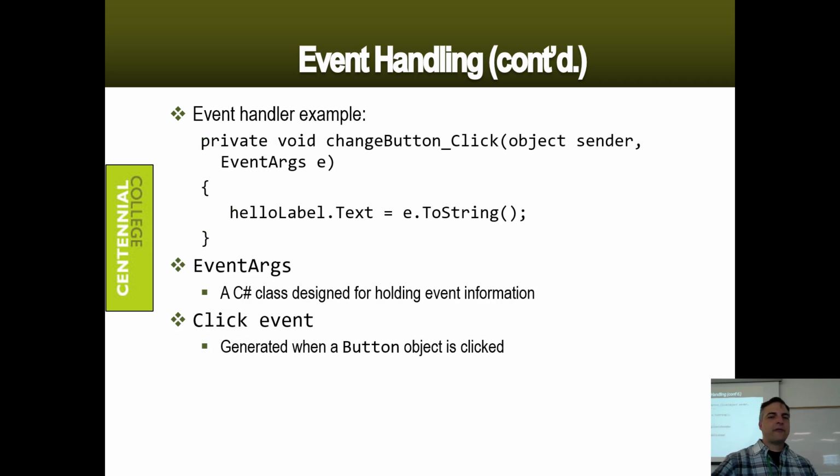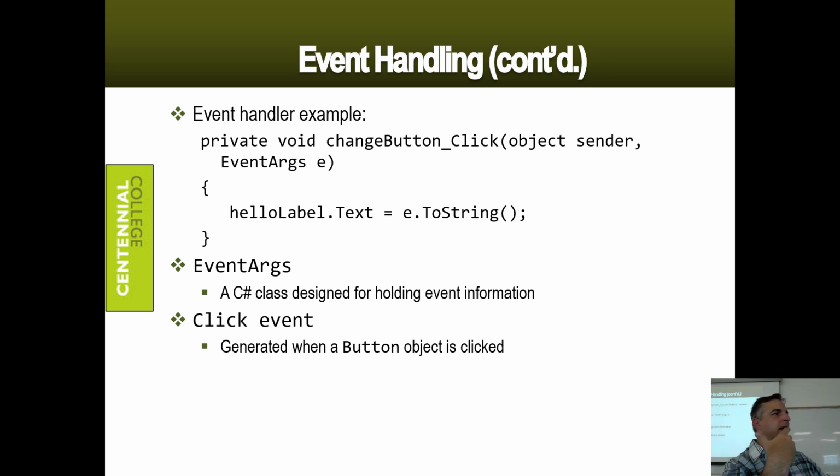So here's an example of an event handler we've seen before. We have the change button click event, and there's two parts to the parameters. We have the sender, and we also have the event args parameter, which gives you E. So sender and E. And then we have this thing, hello label.text, E toString. One thing to note is the sender points to, or is a reference to, the object that raised the event.